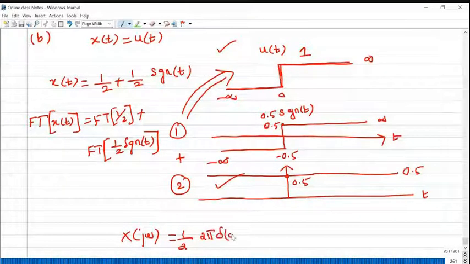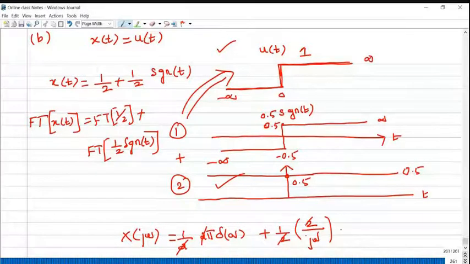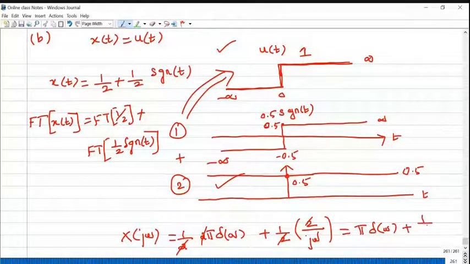Plus this 1 by 2 is a constant times the Fourier transform of the signum function, and the result is 2 divided by j omega. So this is your final answer. The 2s will be cancelled. So the Fourier transform of u of t is equal to pi delta of omega plus 1 divided by j omega. This is the result.